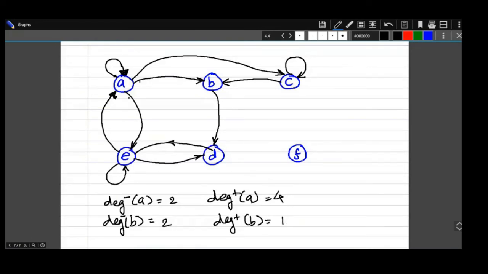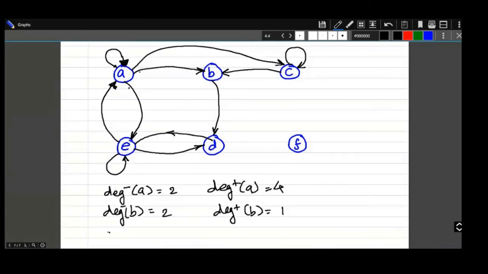And like that for C. I'll just write it over here. The in degree of C is 2, and the out degree of C is 2. Like that you can count for E, F, D, G, whatever.